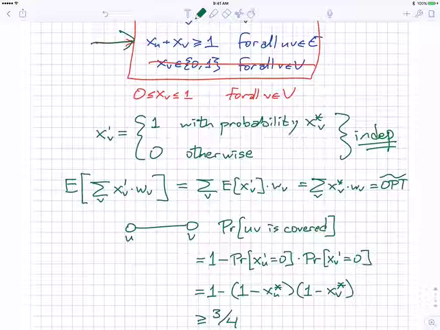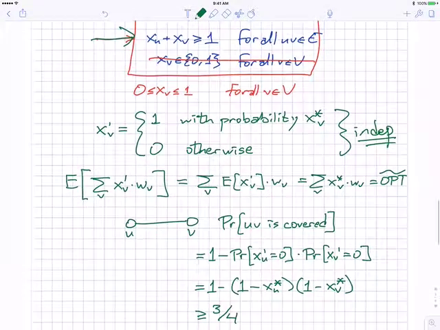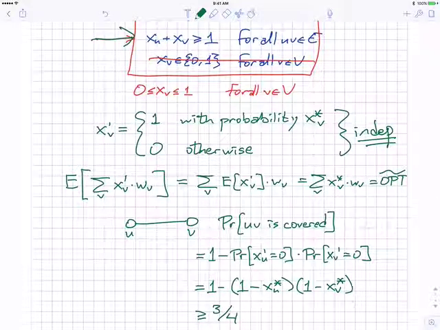Yeah. So is it actually true that those are independent, though? Because it seems like if... I've defined them to be independent. The xv stars are probabilities. Given that list of probabilities, I'm now going to do the experiment. And the experiment is, you flip a coin for this vertex, you flip a coin for that vertex, you flip a coin for this vertex. Tell me what the results are.